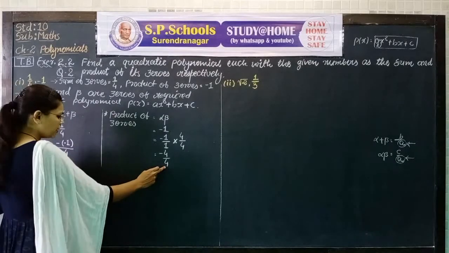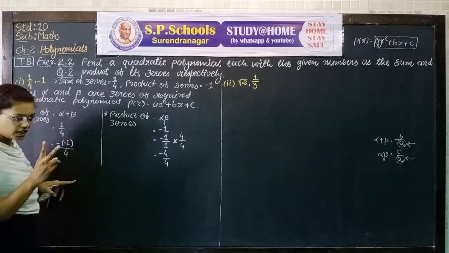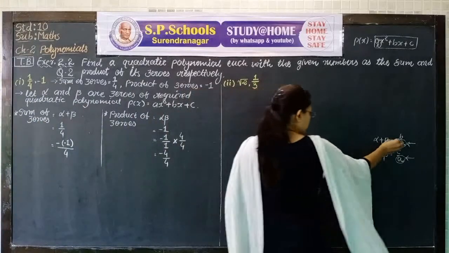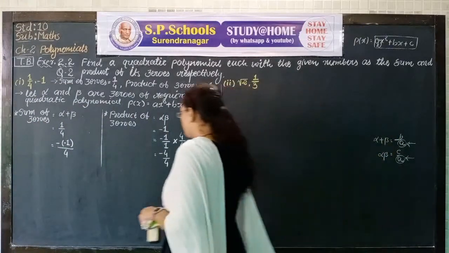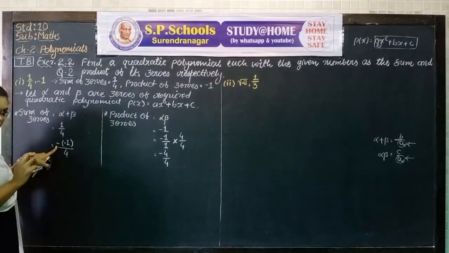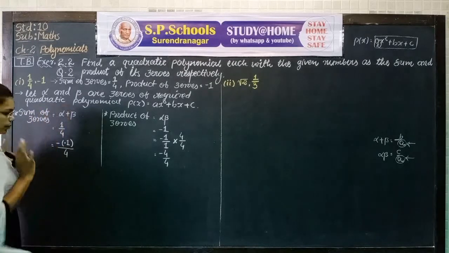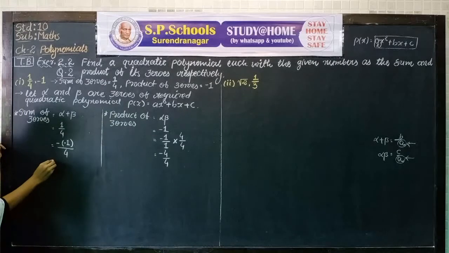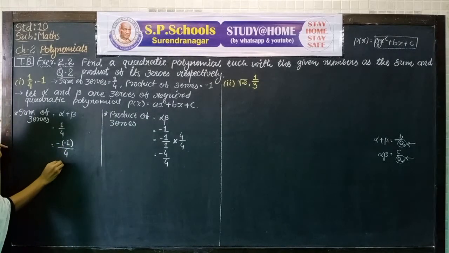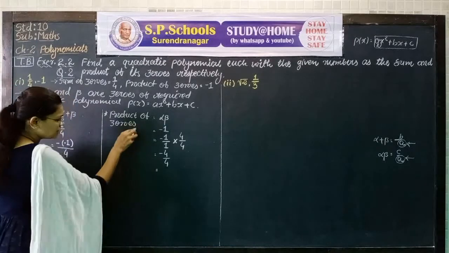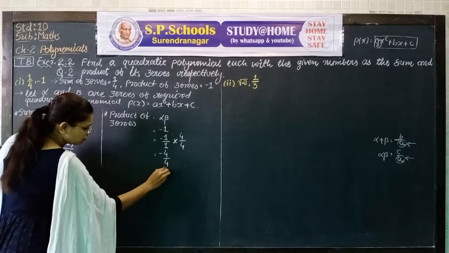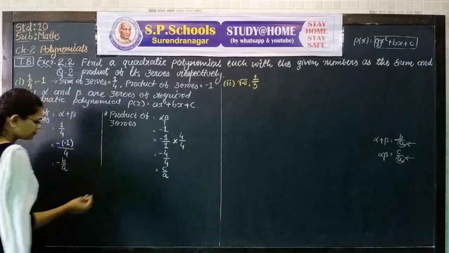Are both denominators equal? Yes. Then check the second thing: a minus for alpha plus beta. Minus is here. Yes. Minus minus plus gives 1 upon 4 in the above step. It looks like minus b upon a, and on the right hand side the product of zeros is equal to c upon a.